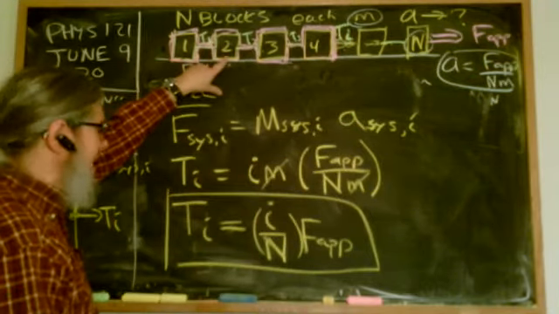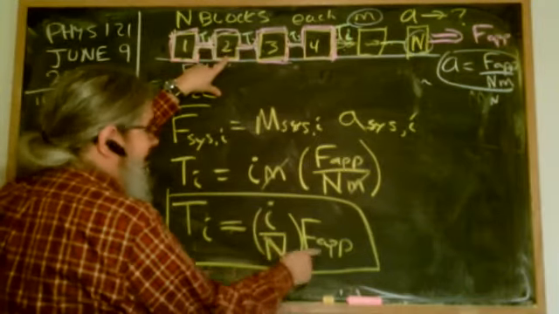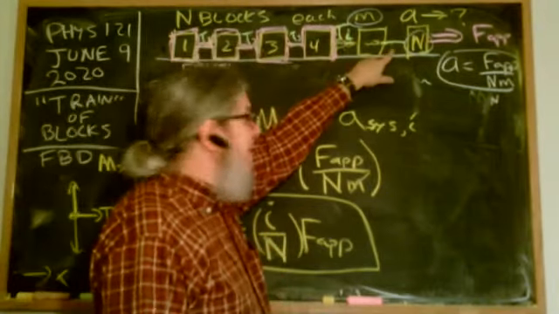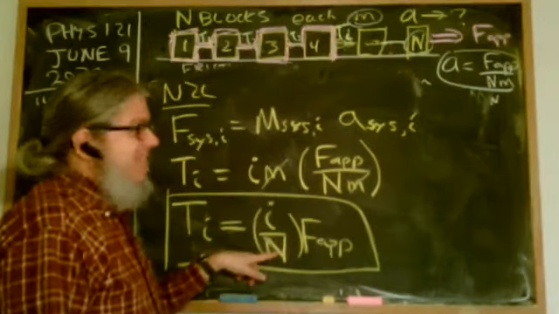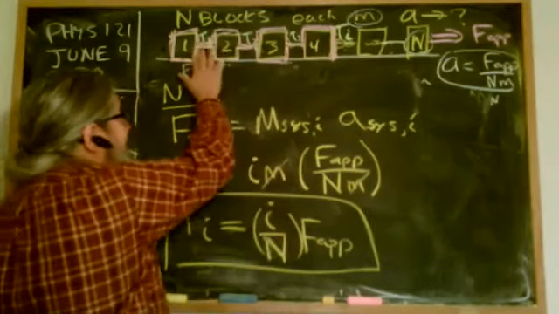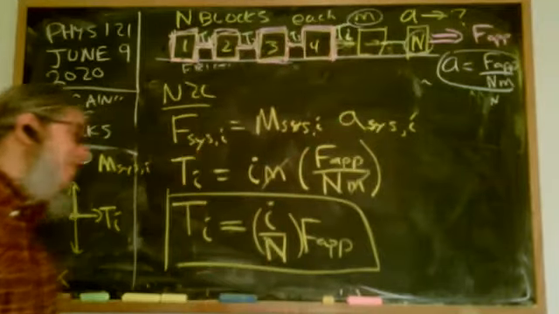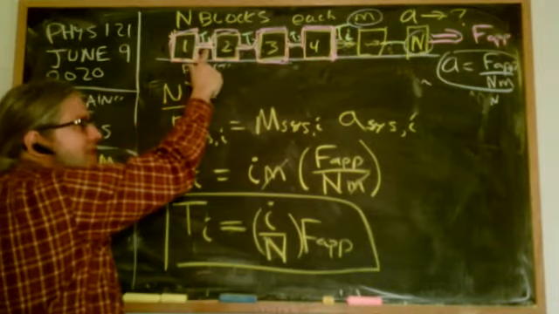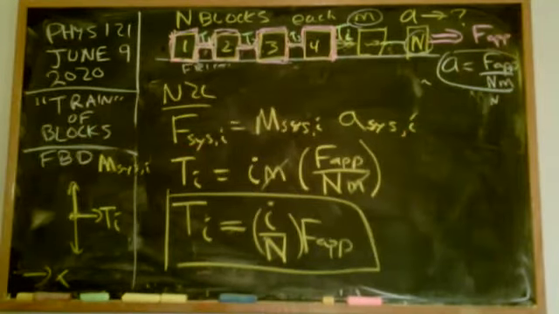And the tension on the second block is 2/nths of the applied force, and 3/nths, and 4, on all the way up to the tension here, which is n minus 1 over n. So in other words, the tension grows by a fixed increment as I move to the right, growing from 1 over n times the applied force all the way to ultimately, on the right-hand side, the applied force.